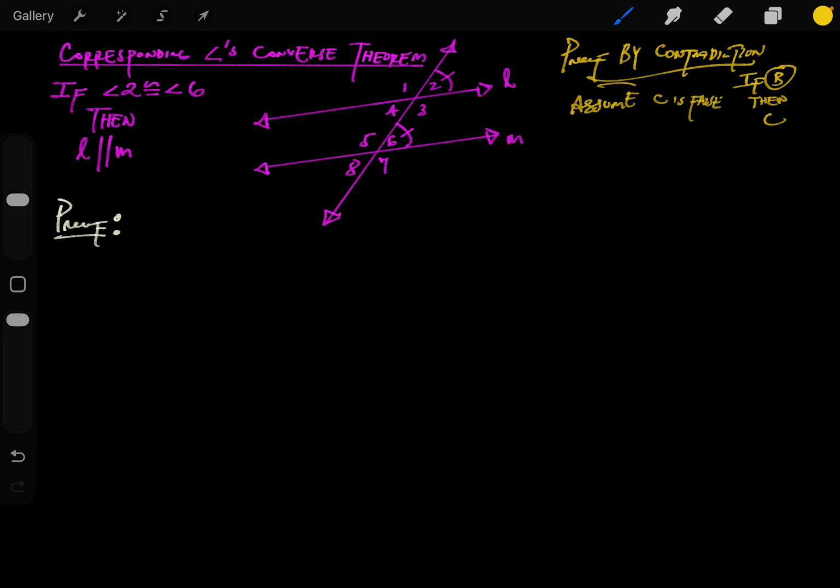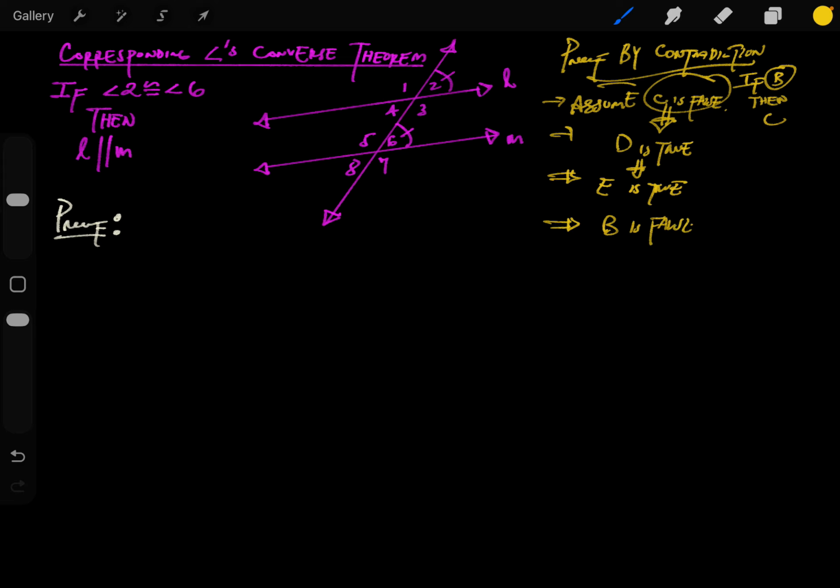From C being false, you can show that D is then true. And then from D being true, you could show that E is true. And then from E being true, you could show B is false.